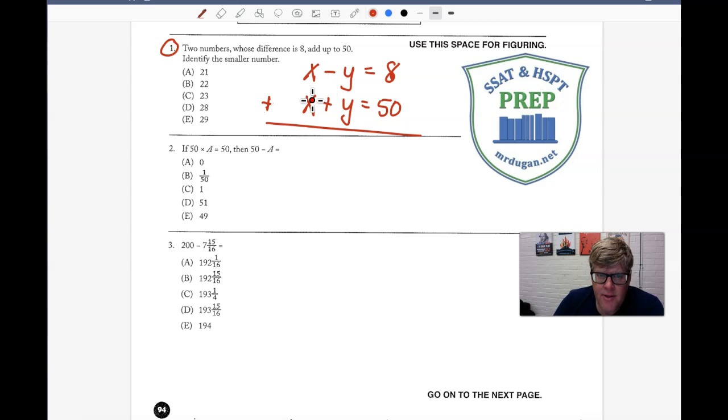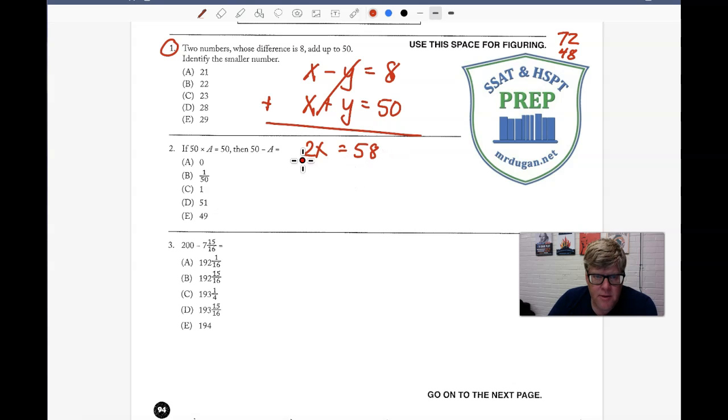So you can add this whole thing up, just like you would 72 plus 48, just add it up, okay? So bring it all down. x plus x is 2x. A negative y and a positive y cancel out. And then 8 plus 50 is 58.